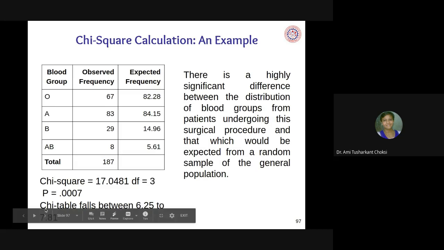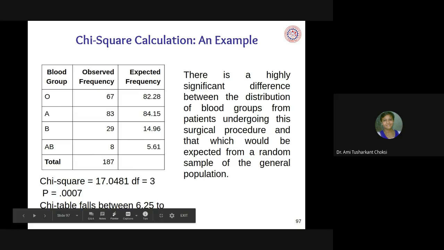Let us say the chi square value which we calculate using the formula as I told you is 17.0481. Then DF is 3 and P is equal to 0.0007, as given to us.